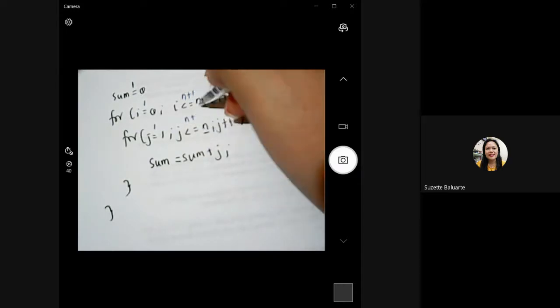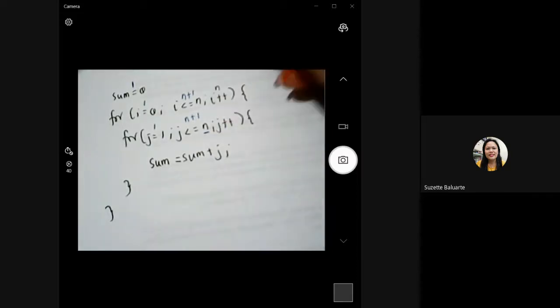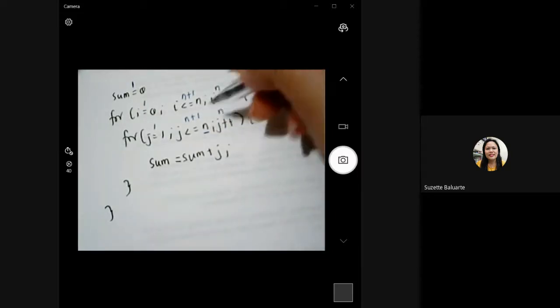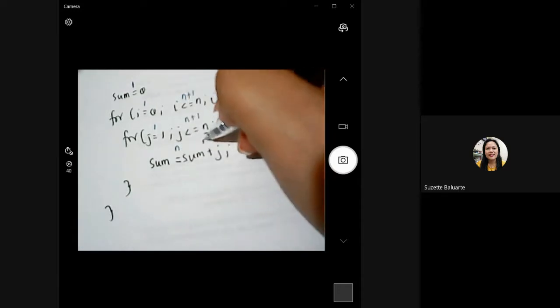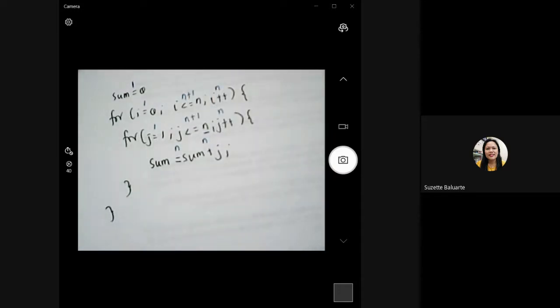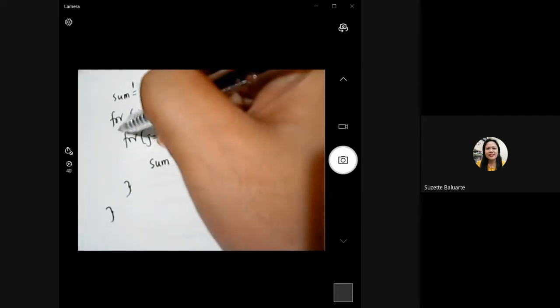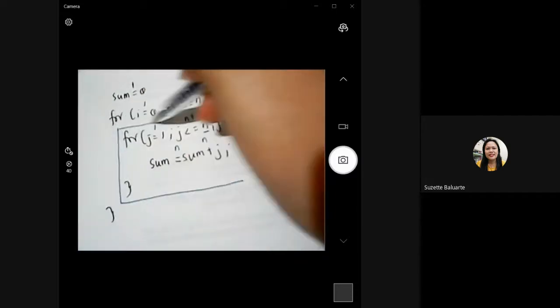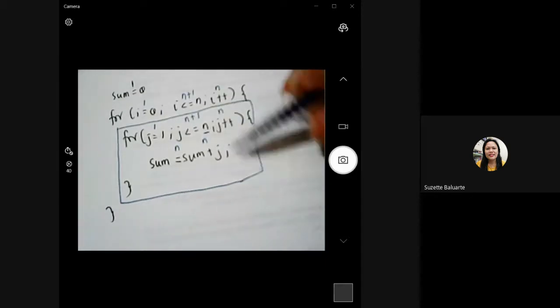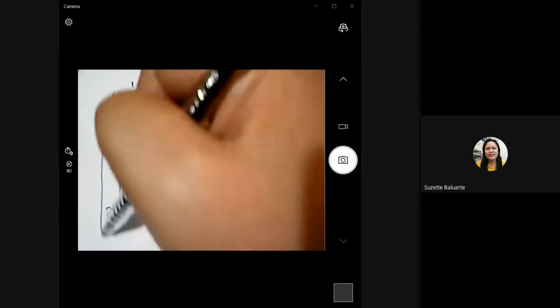Remember again, the limit there is n, so it becomes n plus 1. Then this is n, because it runs n times. Based on that, this is our inner loop, and this is our outer loop.